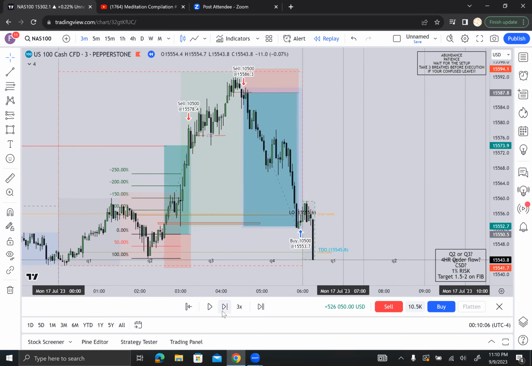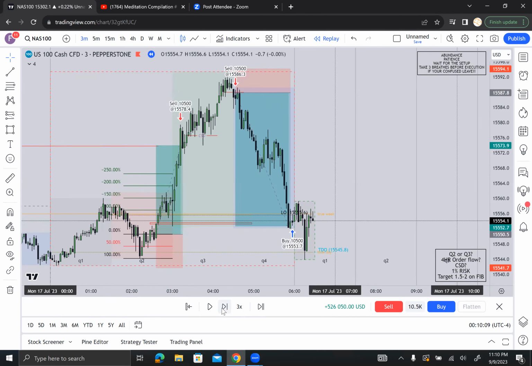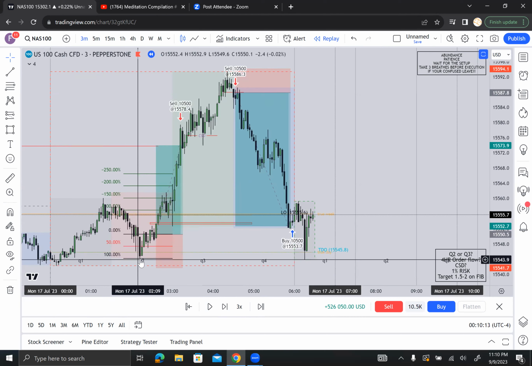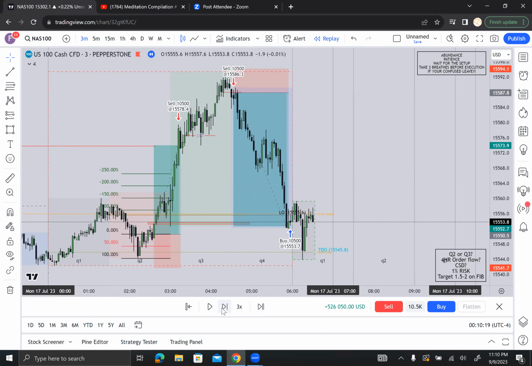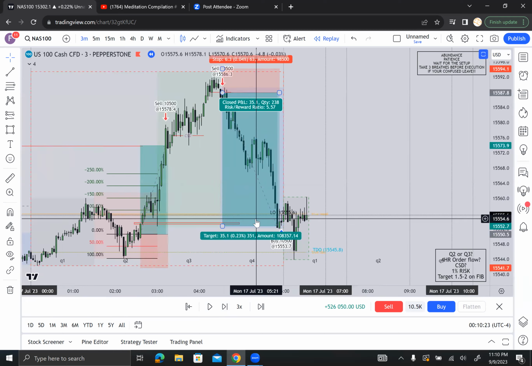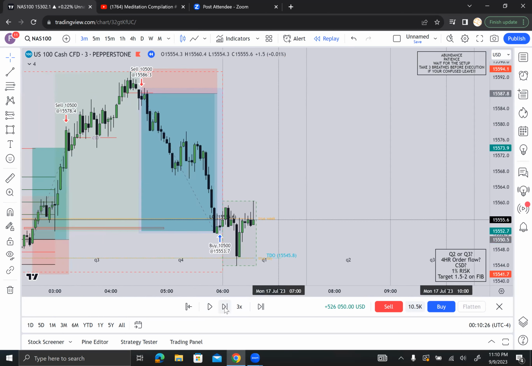So let's see. Q1 gives us a nice little drop. It swept the Q2 lows, yeah. Looking at price action here. Cool. Okay, so got a sweep here.